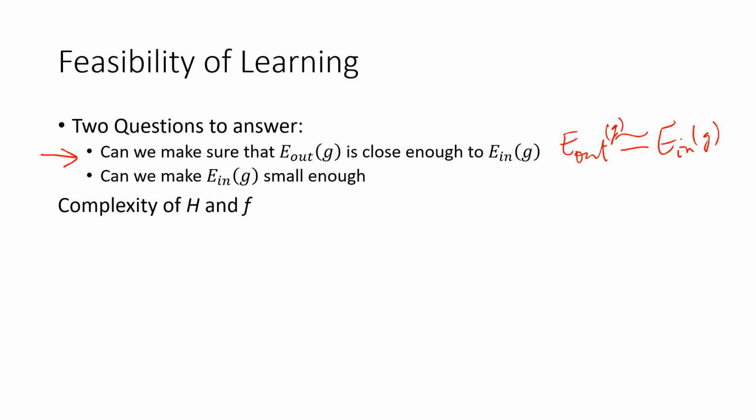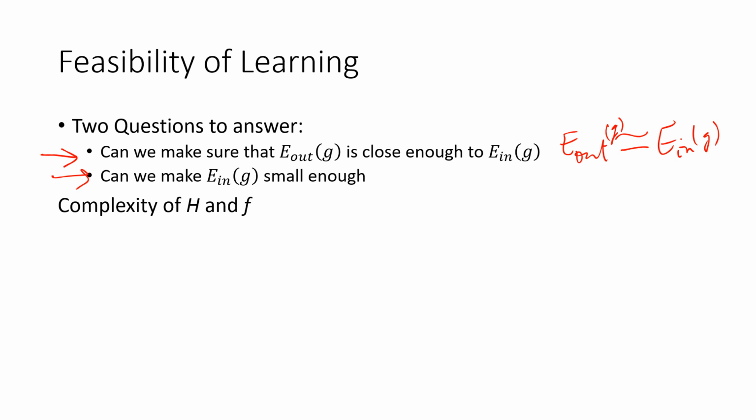Because that's all that we have. This error is essentially telling us how much our hypothesis is deviating from what could have been the target function within the sample. So we want it to be as small as possible because that's our goal. Can we make sure that the in-sample error is small enough or not?